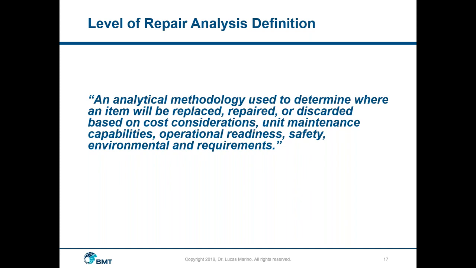Level of repair analysis in its simple form is just an analysis which tells us where we are going to replace, repair, or discard this item based on cost, our maintenance capabilities, our readiness, our safety, environment, and requirements. This is the Coast Guard definition of a level of repair analysis.